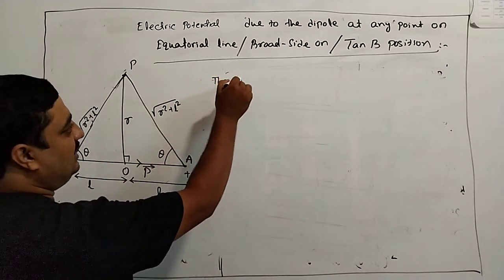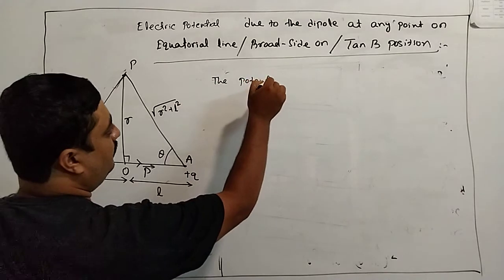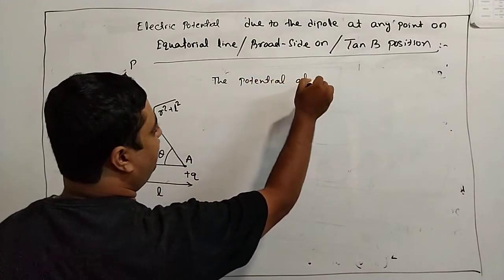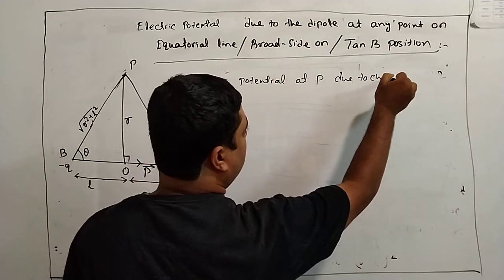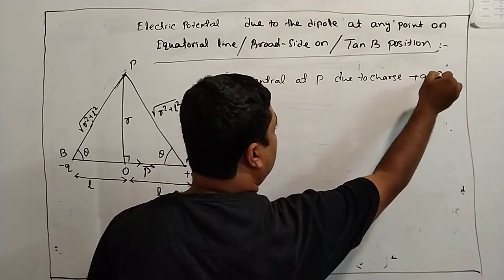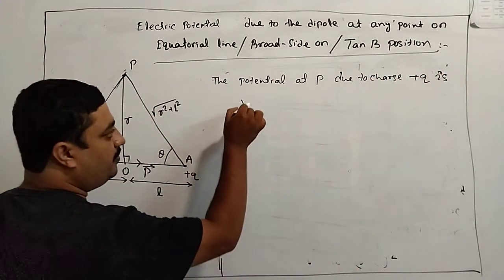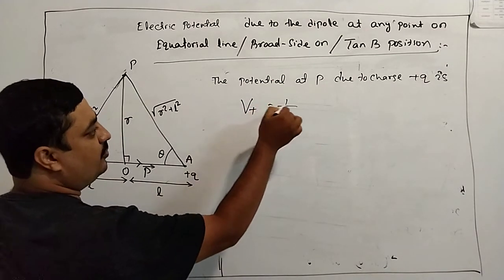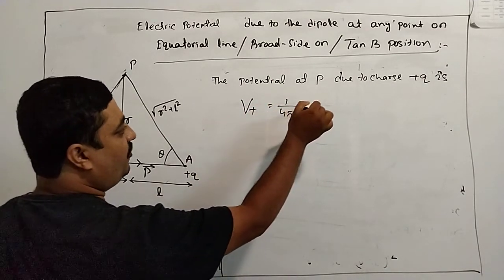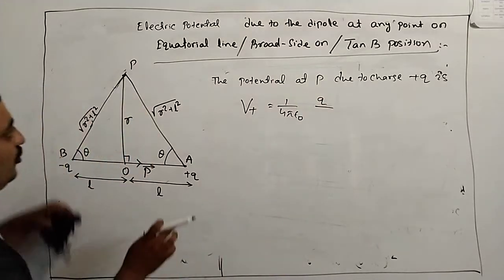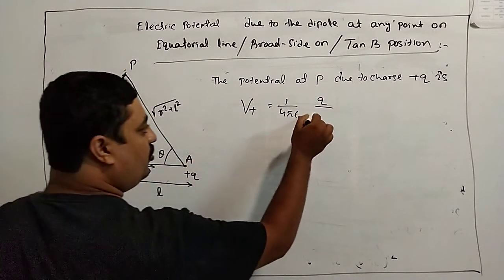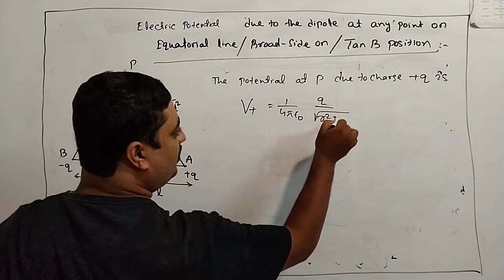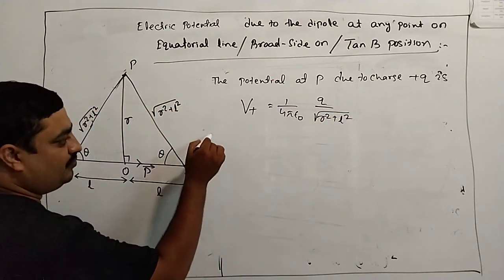So you can say the potential at P due to charge +Q is V plus equal to 1 by 4πε₀ Q by R. The distance is AP, which is equal to root over of R² + L².